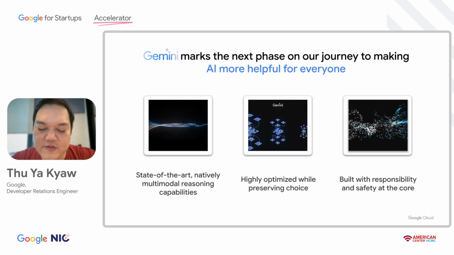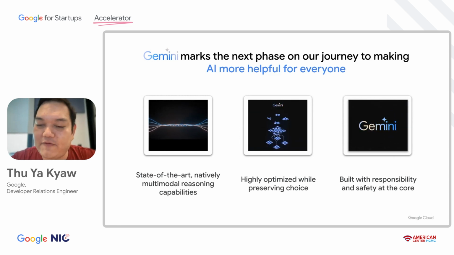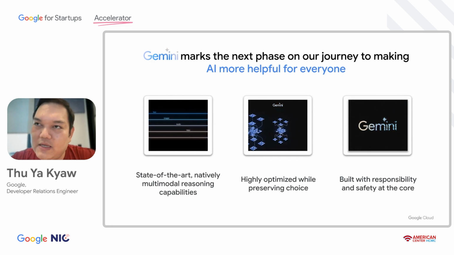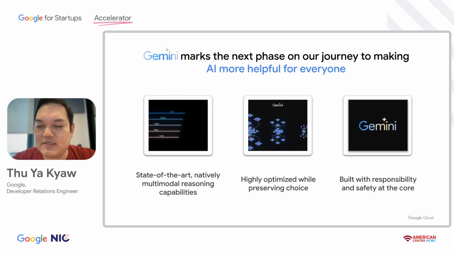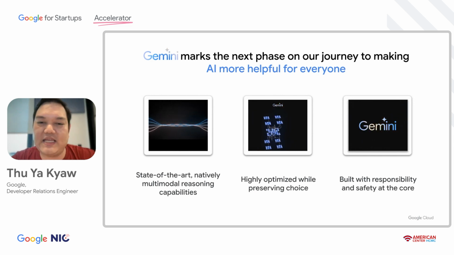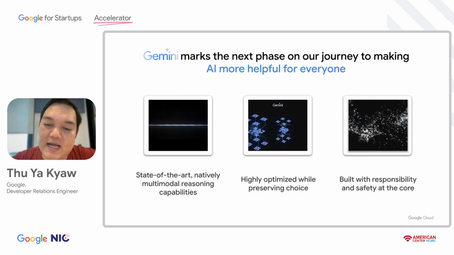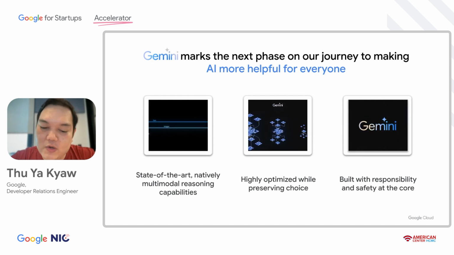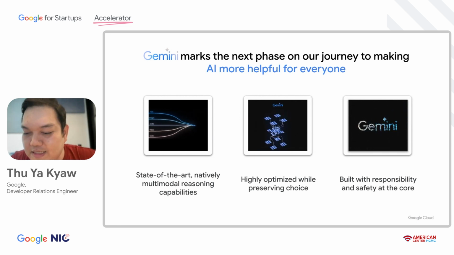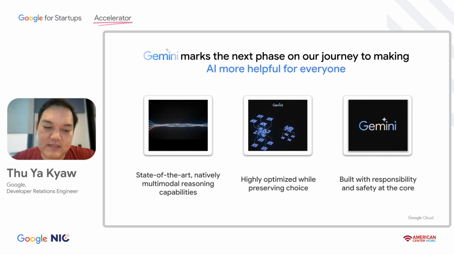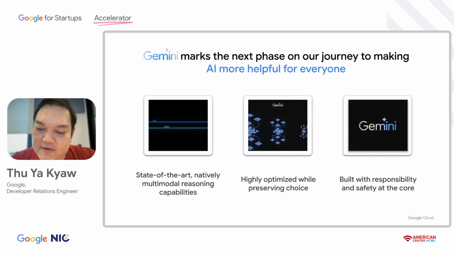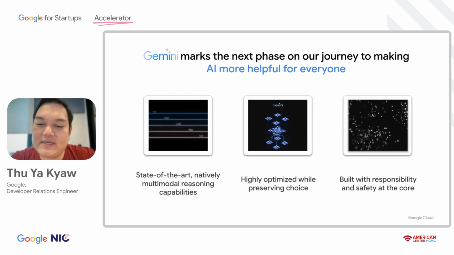You can control it from the parameters and be assured that if you are building a children's application and you don't want output that is unsuitable for the age of 10 years old, you can ask Gemini to control it so that it will never output it. There are harmful messages, impersonations, vulgarity and things like that, and you can block them from the back end. So things are secure in that sense as well.